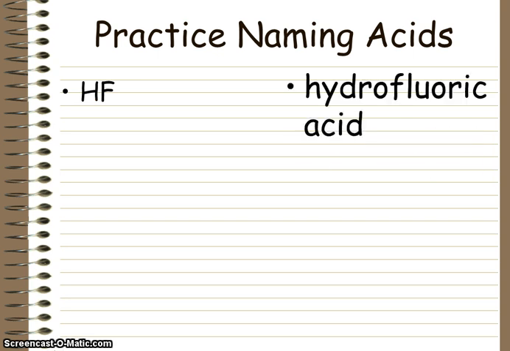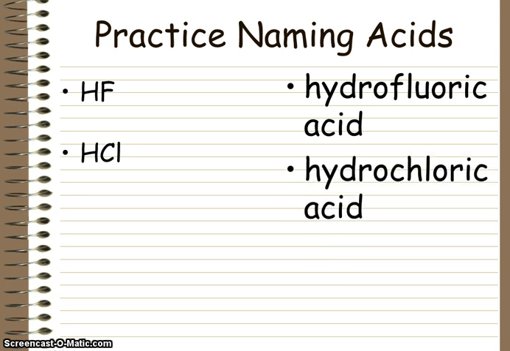So hydrofluoric acid. HCl. Again, it's got hydrogen as its positive ion, so it's an acid. It doesn't contain oxygen, so we're on the left side of our flowchart. Our stem will be chlor, so hydrochloric acid.